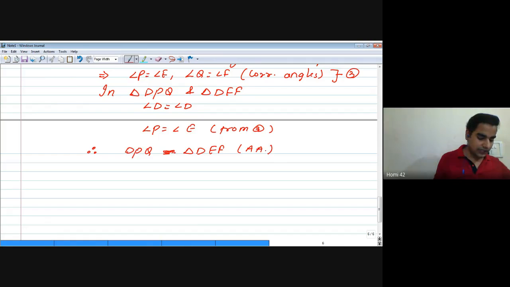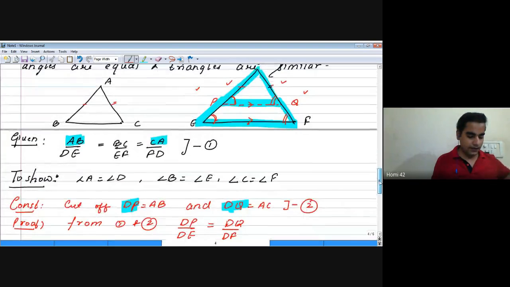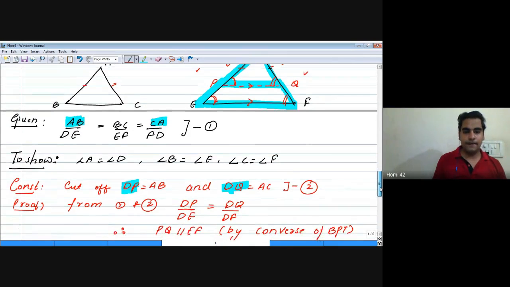And if these two triangles are similar, the ratio of their corresponding sides will be the same. DP upon DE will be equal to PQ upon EF, and this will further be equal to DQ upon DF, isn't it? This is what we got. Clear?